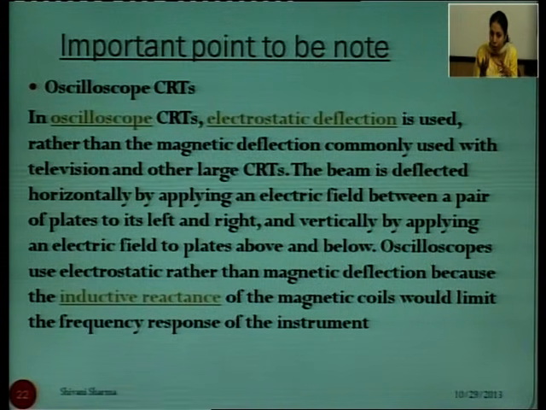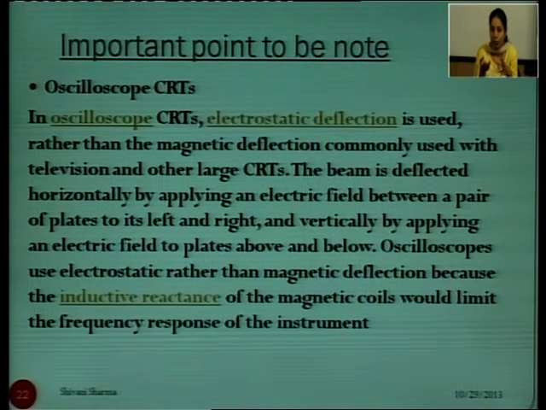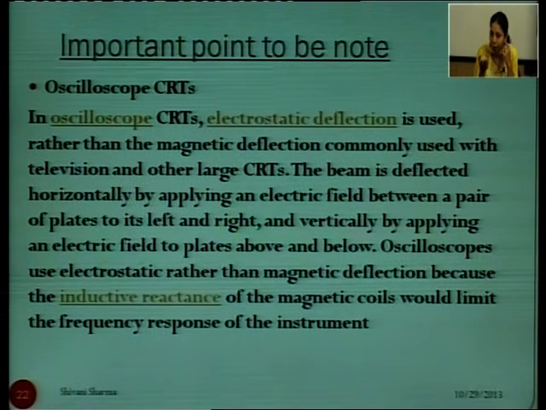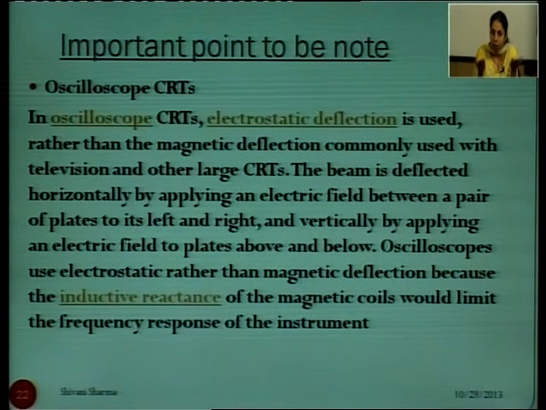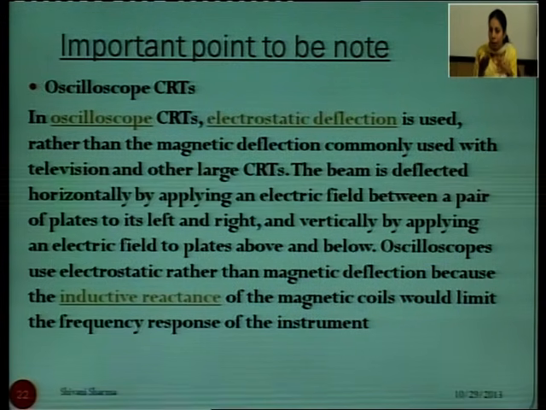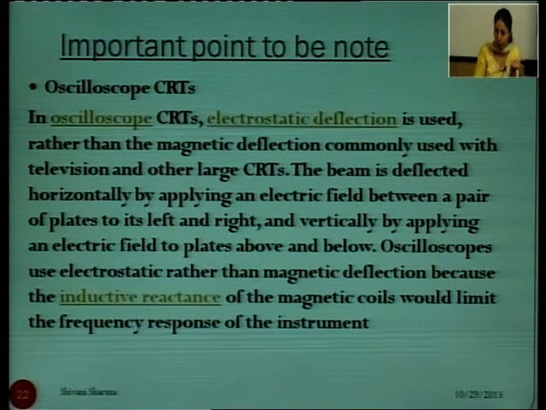If we used magnetic deflection, the inductive reactance of the coil would limit the frequency response of the instrument. So it is very important to note that in the oscilloscope CRT we use electrostatic deflection, whereas in general televisions and other CRT instruments we use magnetic deflection.